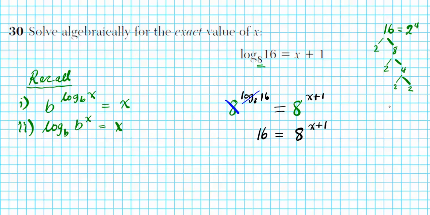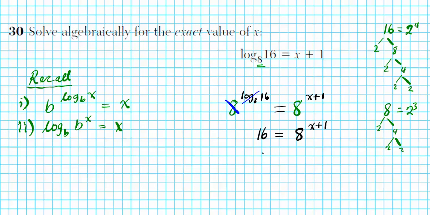How about 8? 8, 2, 4, 2, 2, or you can look at it here. 8 is 2 to the 3rd power. This is excellent because we can express these two bases as powers of a number that is identical, namely 2.